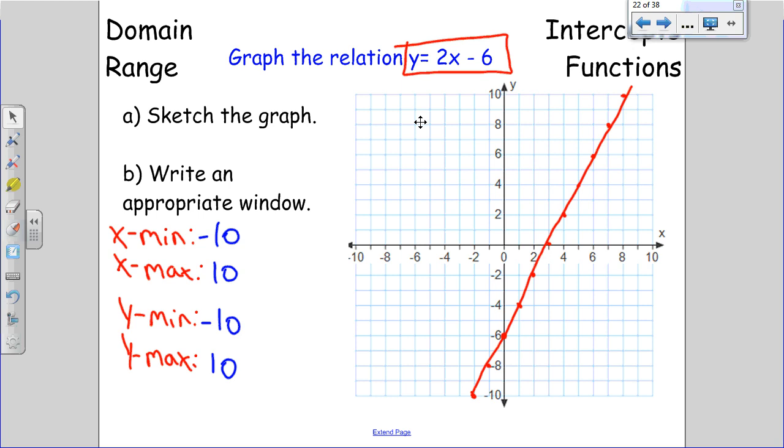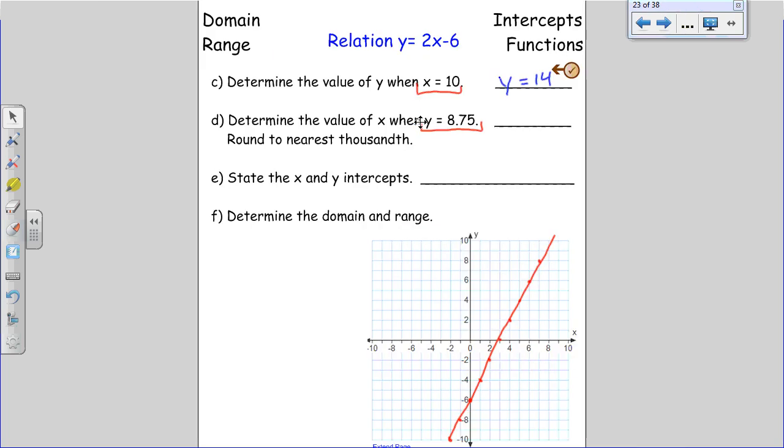So you're going to hit Y equals. In your Y equals, you're going to go down to Y2 equals. You're going to leave Y1 as the original graph. You're down to Y2 equals, and you go 8.75. Nothing else. And then you hit graph. And what you should end up with is 2 lines on your graph now.